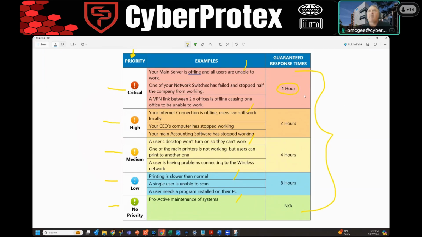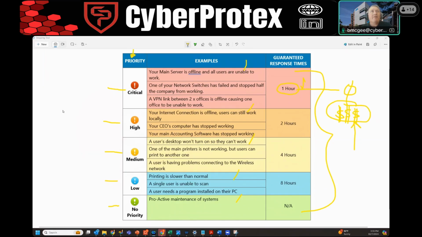And based on the response times, usually the closer that this gets to zero, the more money managed services providers can charge. Why is that? The closer that the response times get to zero, the more that managed service providers can charge.